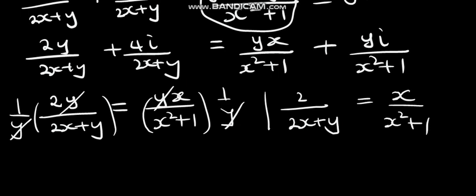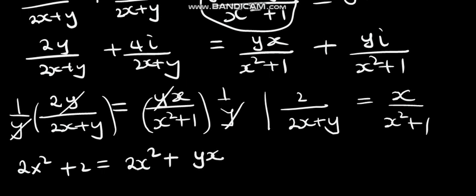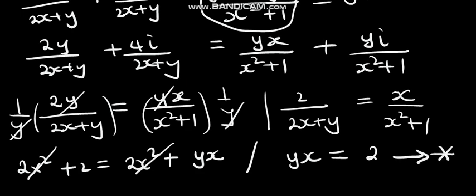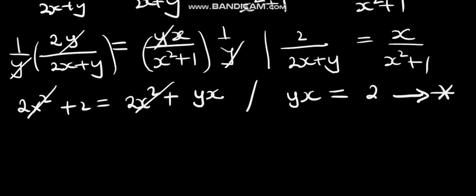So what we shall have is 2x² + 2 is equal to 2x² + yx. Is that okay? So this 2x² and this 2x² can also get out of our way, and we shall have our yx as a 2. Now we shall call this our equation star.